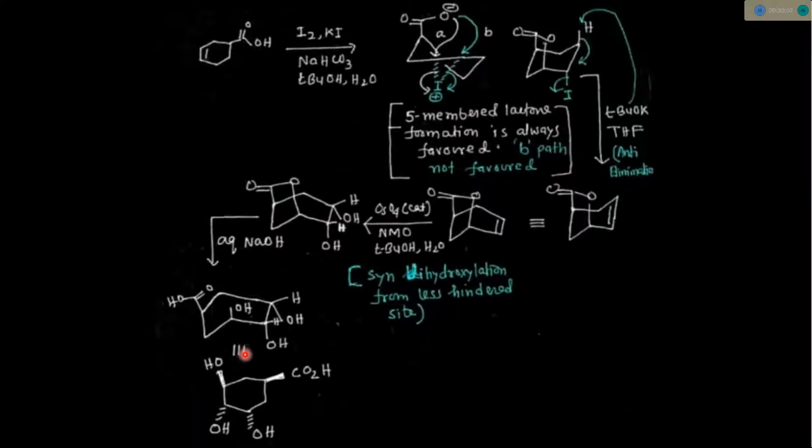So if we draw a normal cyclohexane in planar form, then at the 1, 3 positions the OH and carboxylic acid are up, above the plane, and the 1,2-diol is below the plane. So I think you all understand the whole mechanism and the use of reagents. This is the exact product with exact stereochemistry.